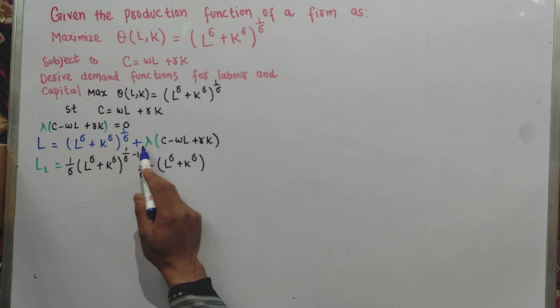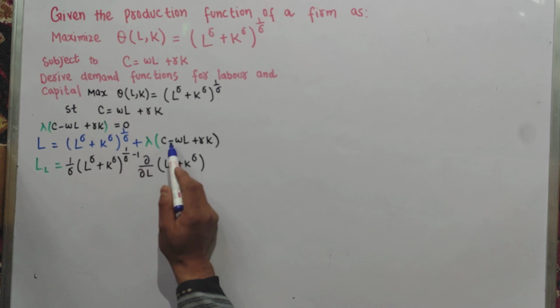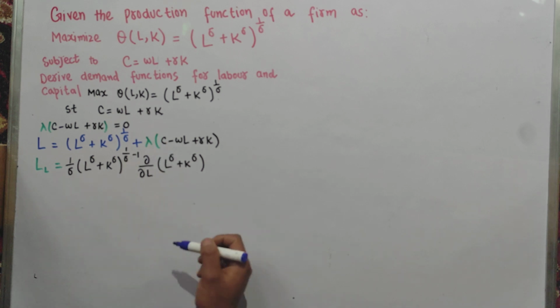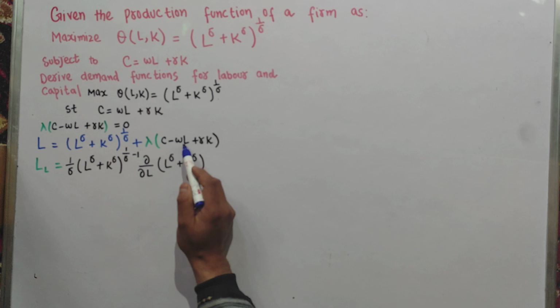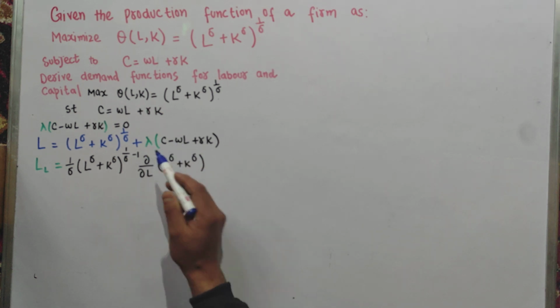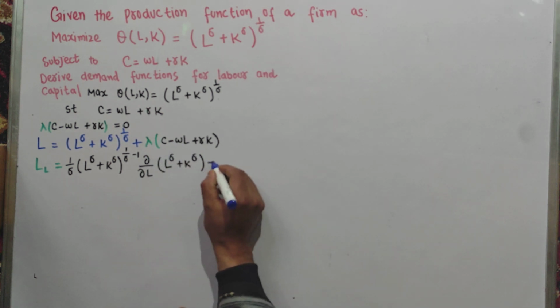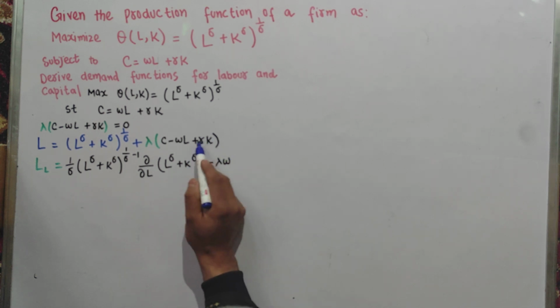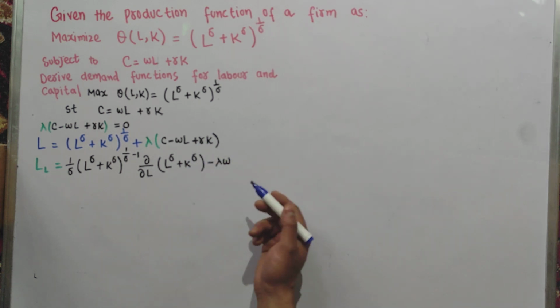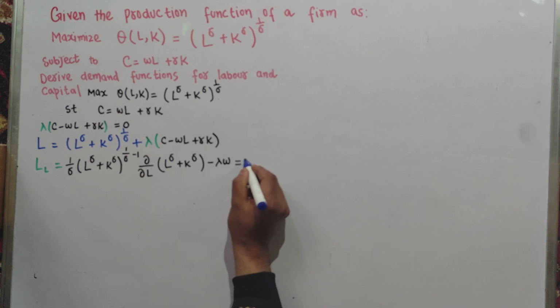And what will be left here? The derivative of C will be equal to 0 because we are taking the partial with respect to L. The derivative of L is equal to 1, so we are left with minus W lambda, or minus lambda W, and the derivative of the last term is 0 because no L is involved, and we set it equal to 0.